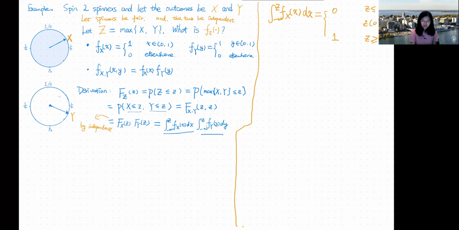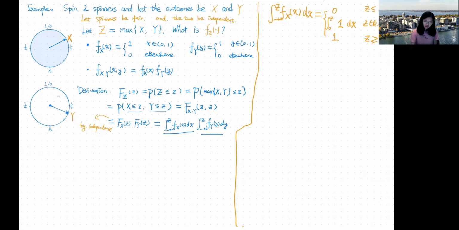For z between 0 and 1, we need to do this integral, and that integral should be the integral from 0 to z of f_X of little x dx. And between 0 and 1, the density is in fact 1, because f_X equals 1 when little x is between 0 and 1.